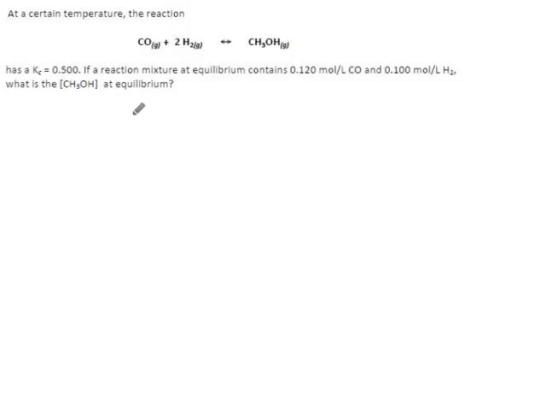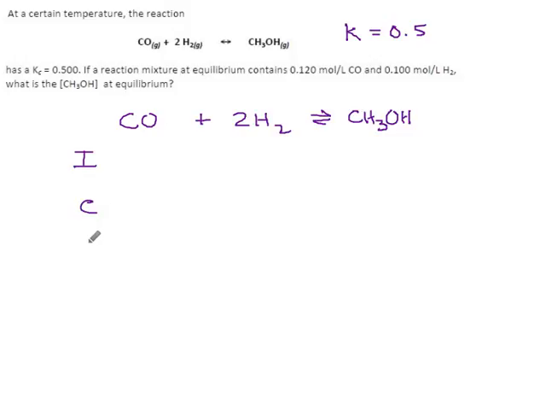Okay, now what have we got? Carbon monoxide reacts with 2 hydrogen molecules to make methanol or methyl hydrate or wood alcohol. And they say the equilibrium constant is 0.5. And here come a bunch of concentrations, so let's make sure they have somewhere to go.